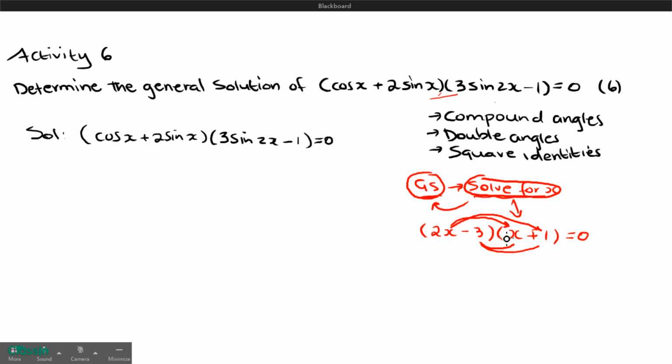So we are going to use the method that we need in order to solve for x here, and then apply the general solution.